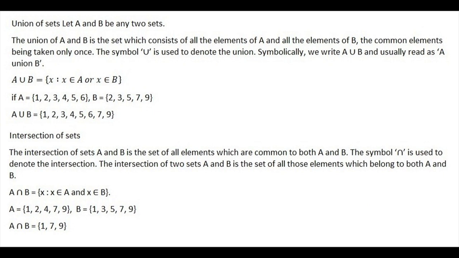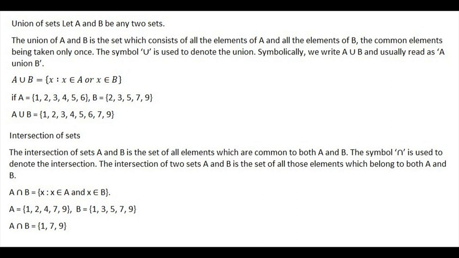Now we'll see some operations on sets. Suppose A and B are 2 sets, then A union B is the combination of both A and B. Something belongs to either A or B. You have to write all those things, but don't repeat them. Suppose A is {1, 2, 3, 4, 5, 6} and B is {2, 3, 5, 7, 9}.